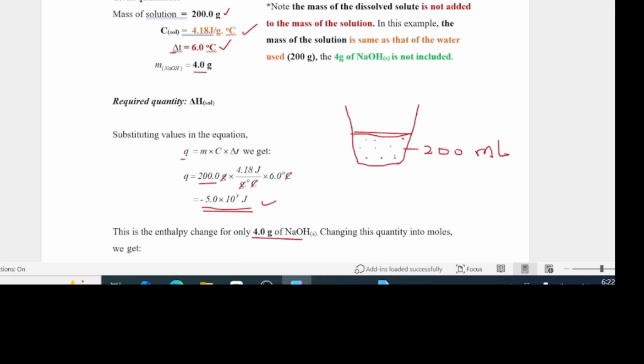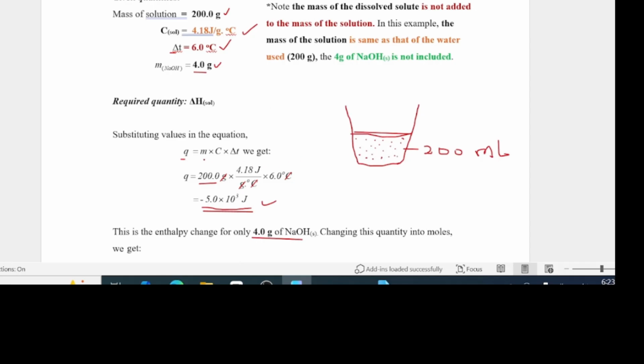So if you have 200 milliliters of solution, then whatever heat is produced is absorbed by it. So finding the heat produced will represent the enthalpy change for this dissolving of 4 grams of sodium hydroxide in this 200 milliliters of solution.